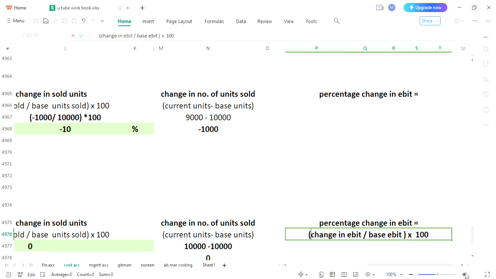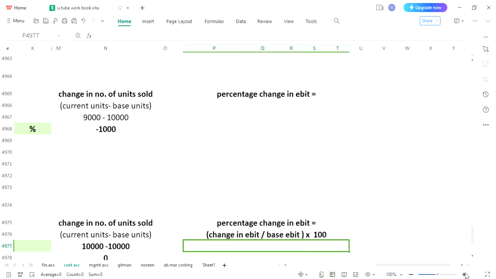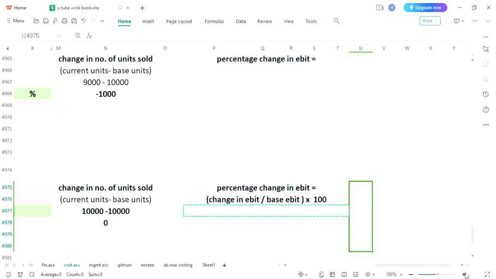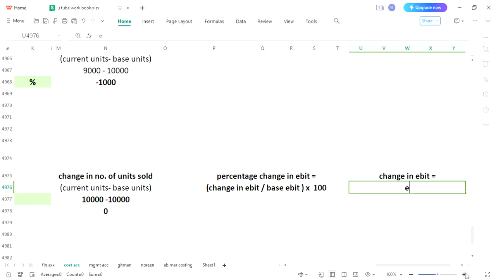To get your change in EBIT, what you will do is again put a formula over here. So change in EBIT would be calculated by current EBIT, and you will subtract base EBIT. You will get the change.